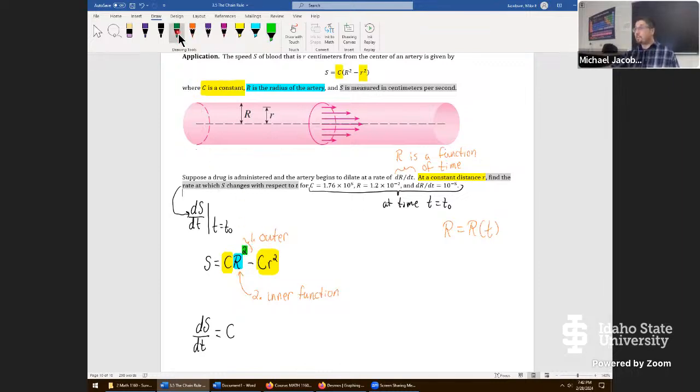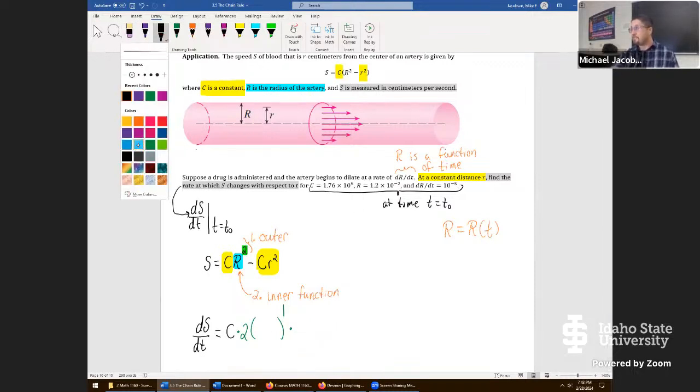We'll differentiate the outer function, and it looks like this to start. Times 2, something to a power of 1. I'm going to drop that power of 1, but I'm just tracking the change on that derivative, showing how it goes. Then you multiply by a derivative of something. I'll write it this way, which is how we typically wrote it. However, we would usually write this one in blue.